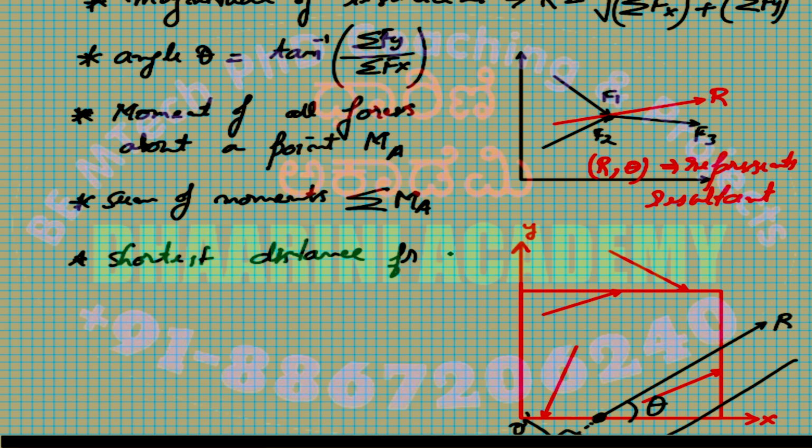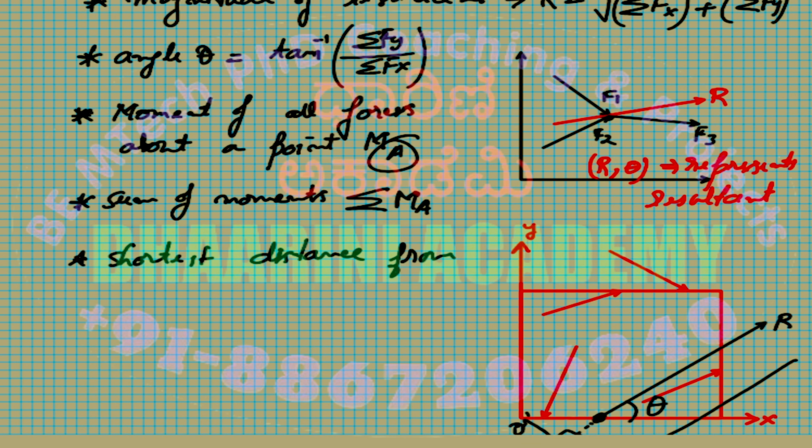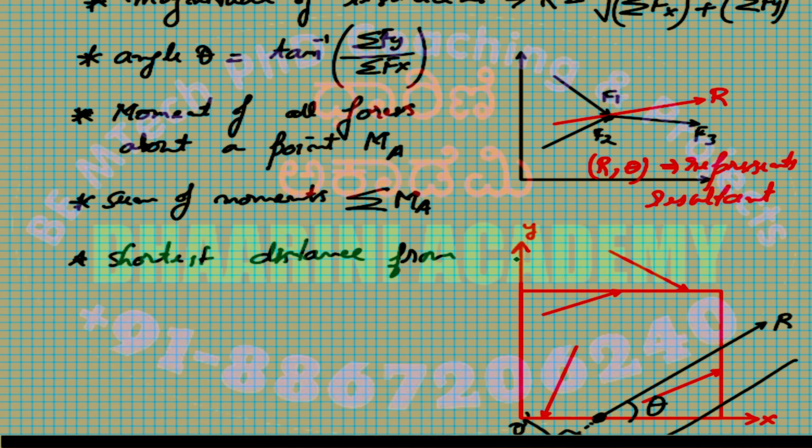Distance from, as I told you, you can measure this from one of the points. Since you have denoted A as your standard point, you call this the distance from A. Distance from A means if you want to find the distance of the resultant from any point A on that plane, it is nothing but the summation of moments, summation MA, divided by R. You see, R is already calculated.